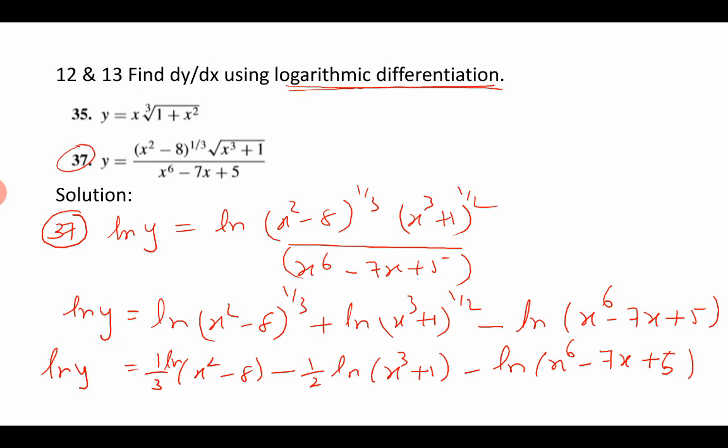When you differentiate the left hand side, it will be 1 over y into y prime. 1 by 3 is constant here, times ln (x square minus 8): 1 over (x square minus 8) into the derivative of x square, which is 2x, and 8 is 0.